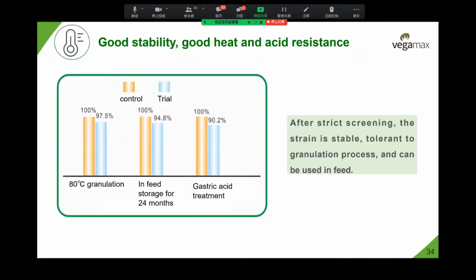For probiotics, maybe some customers are worried about the stability. But Oct.25 is very stable, with good heat and acid resistance. We did a test and found that even after 24 months of feed storage, it still remains around 94.8%.